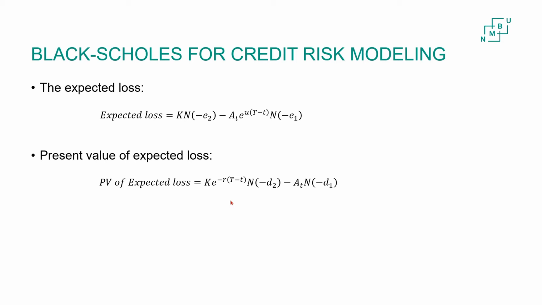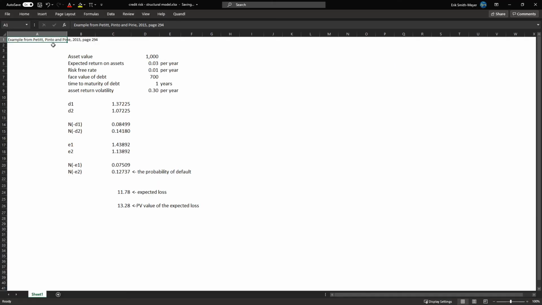And I think an example would be in place here. This example is taken from Petit, Pinto, and Peri, 2015, page 294. So we are given some information: the asset value is 1,000, and we have the expected return on assets and the risk-free rate.